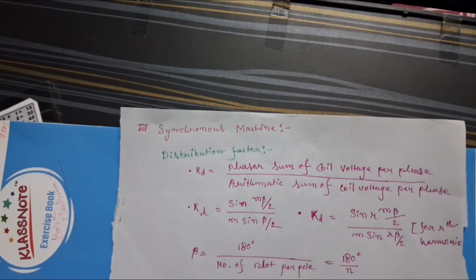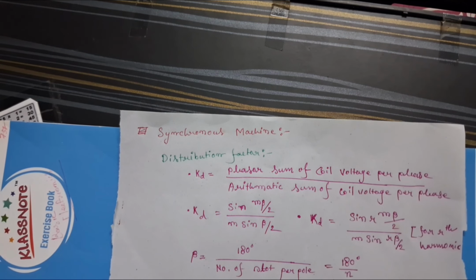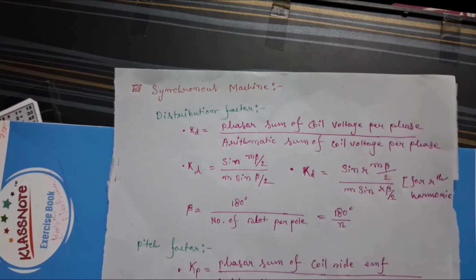For harmonic, the distribution factor Kd equal to sin(r into m beta by 2) divided by m into sin(r beta by 2). Here r is the number of harmonic present, and beta equal to 180 degree divided by number of slots per pole, equal to 180 degree divided by n. Here n is number of slots per pole.